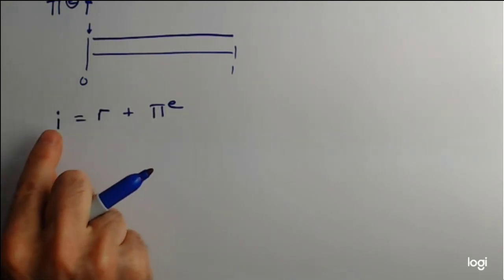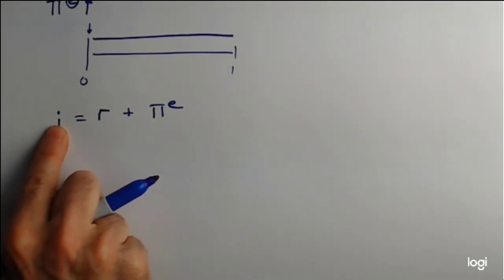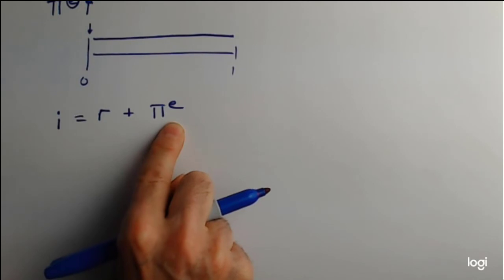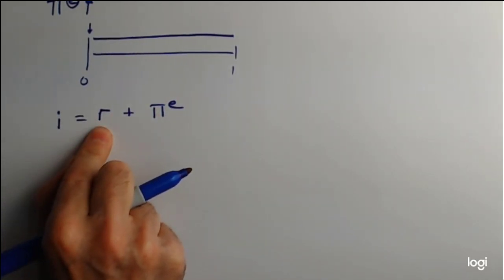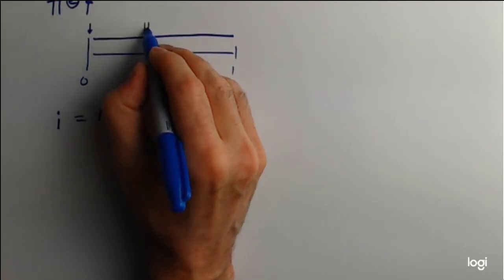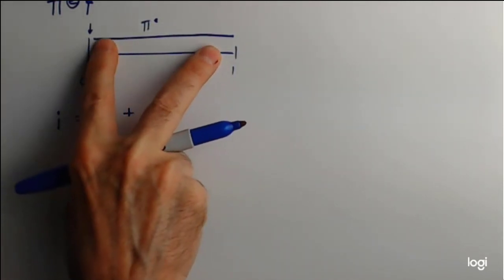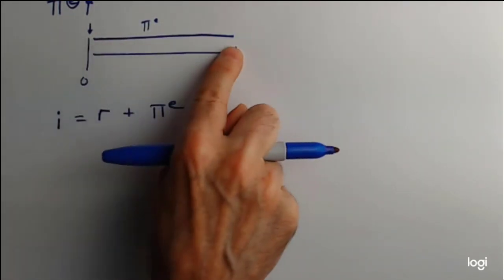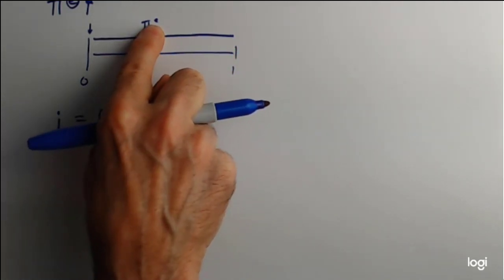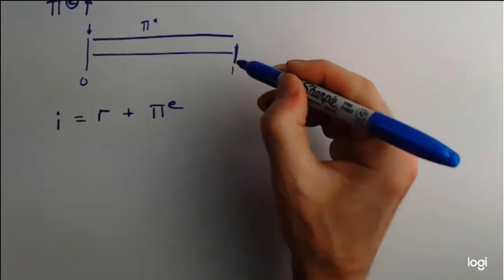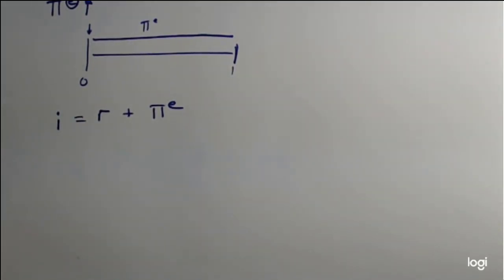This is the return the bond generates. This is expected inflation. The difference between those two is going to be this real rate. So this is the period when you buy a bond that lasts just 1 year, and you have to have an expected inflation rate here, just for example, just a 1-year bond.